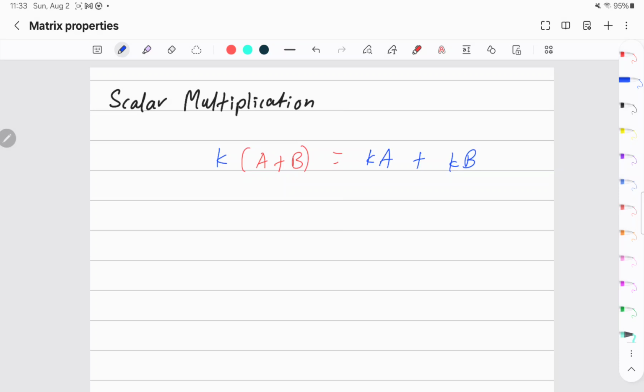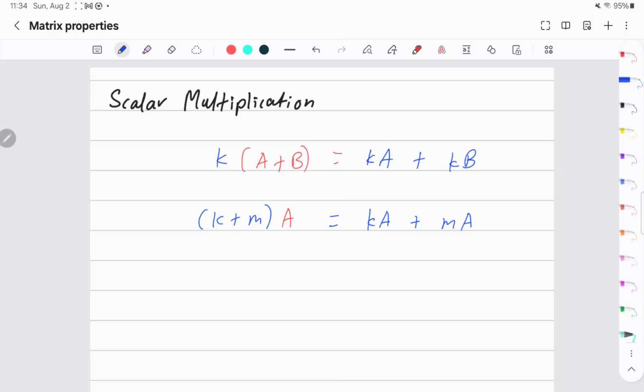Or sometimes there could be two scalars, like let's say we have k plus m and there's a matrix A that is being multiplied to it. In these cases it's going to be kA plus mA. Now notice in all of these situations the order never changes.